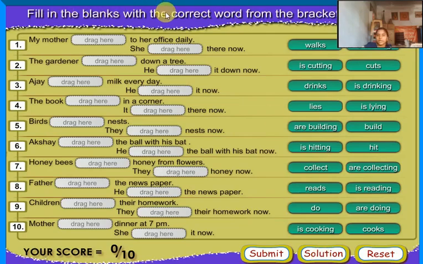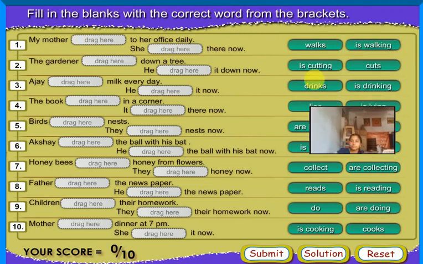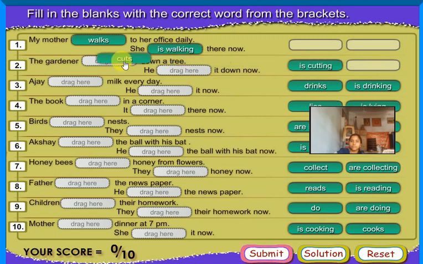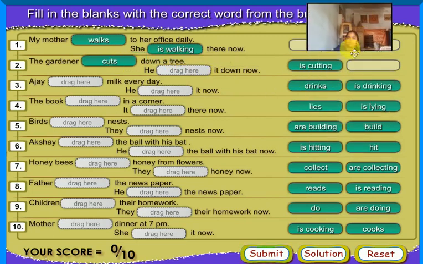Fill in the blanks with the correct word from the brackets. My mother walks to her office daily. Walks. She is walking there now. Is walking. The gardener cuts down a tree. Cuts. He is cutting it down now. Is cutting. Ajay drinks milk every day.